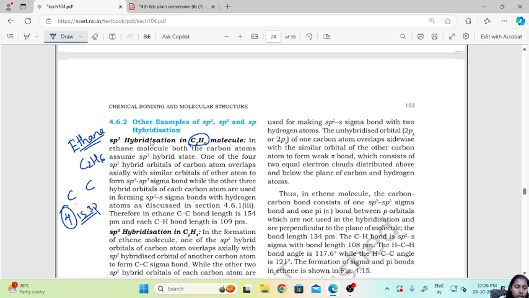Amongst them, one of the hybrid orbitals overlaps with the other carbon. For example, the hybridized orbital of one carbon overlaps with the hybridized orbital of the second carbon, thus forming an sp3 sigma bond between the carbon atoms.